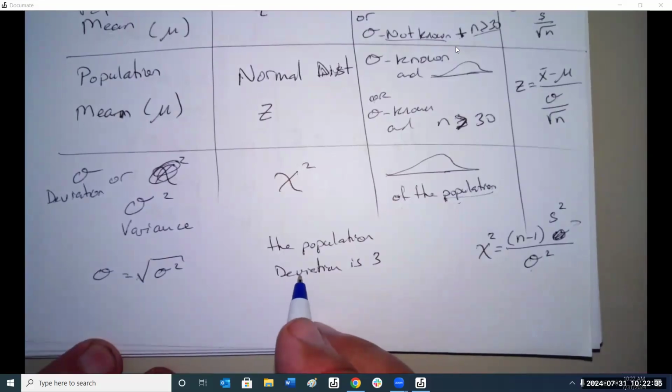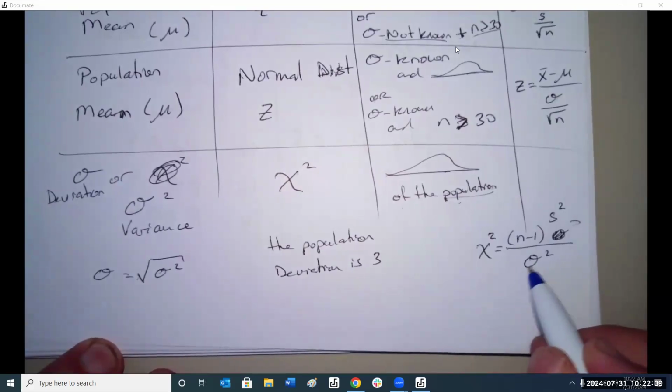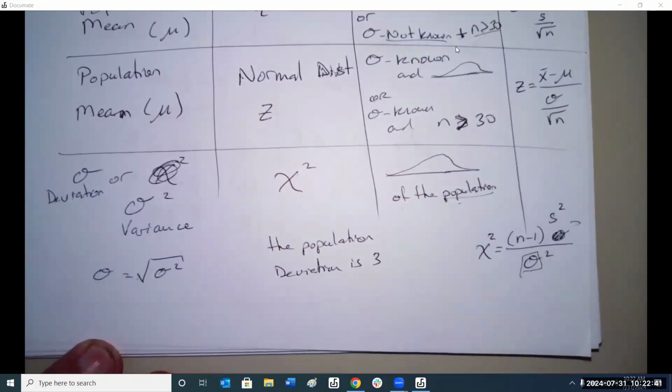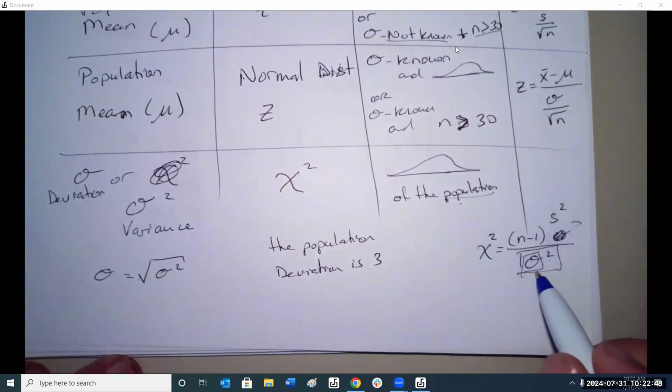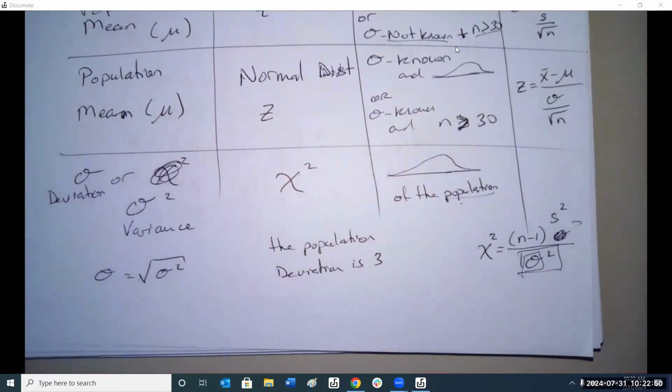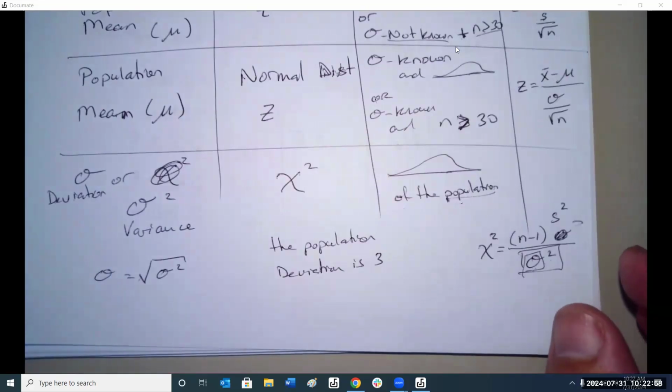Do you use the population deviation in your formula? Well, you kind of do. It's right there. All you have to do is square it. Even though the formula asks for the variance, if it gives you a deviation, just square it and there you have it. I don't have many examples here.